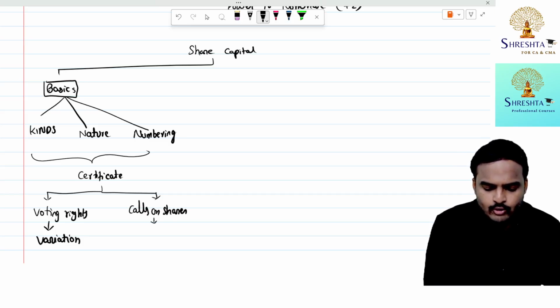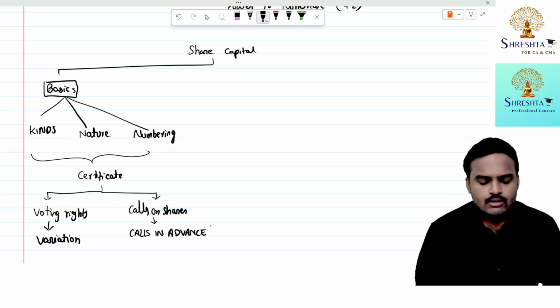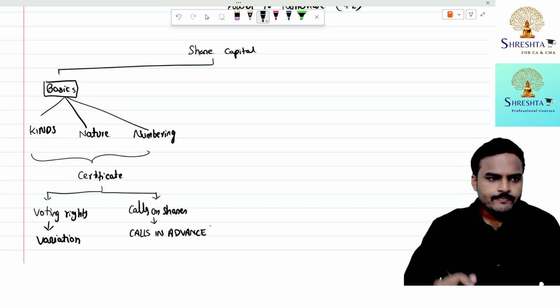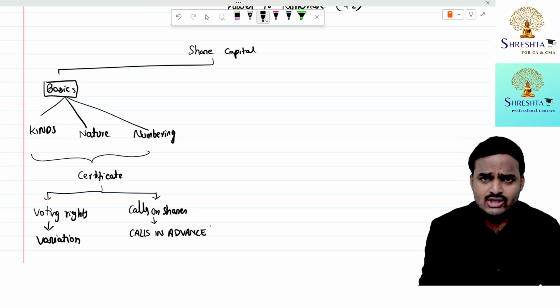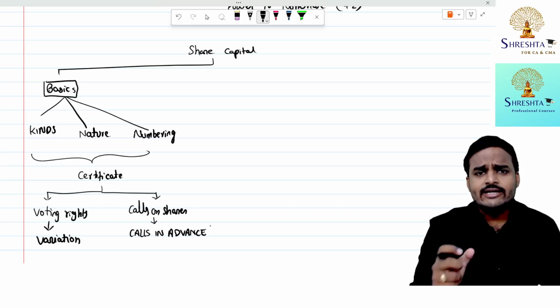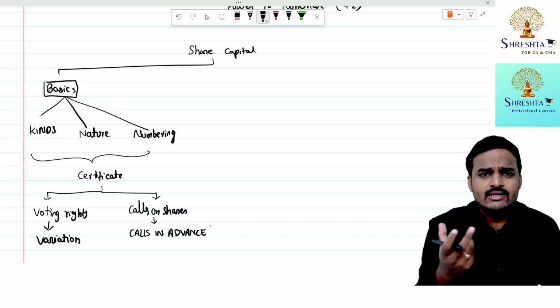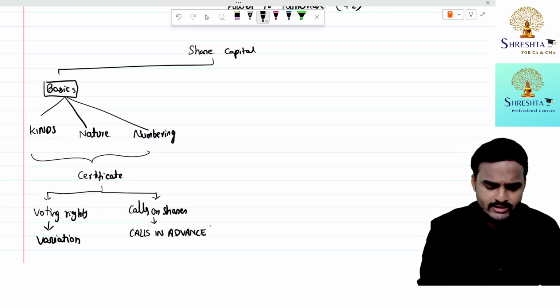A person paying any amount in excess of call, we call it calls in advance. Subject to the AOA, the company can accept calls in advance. Yes or no? With respect to calls in advance, do you think the company will give extra voting rights? Do you think the company will give extra dividends? No. Calls in advance is a debt to the company. The company will pay interest on calls in advance, no dividend. So that's what dividend.